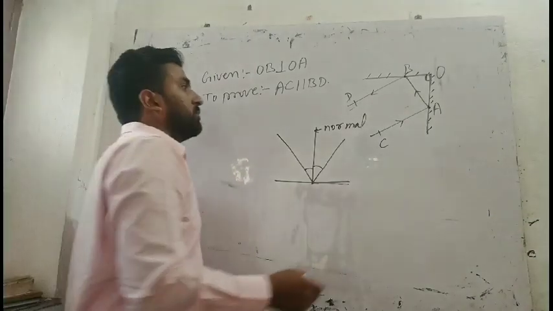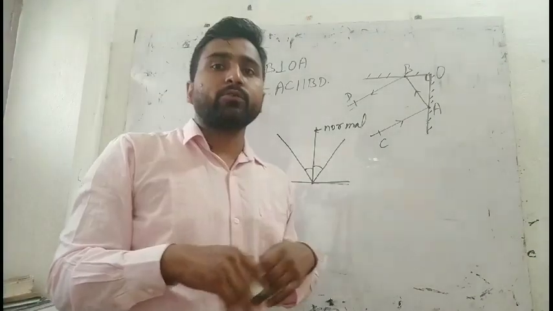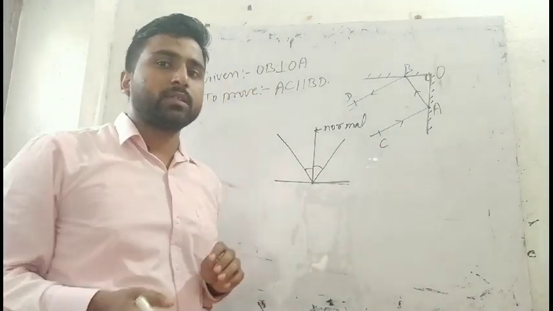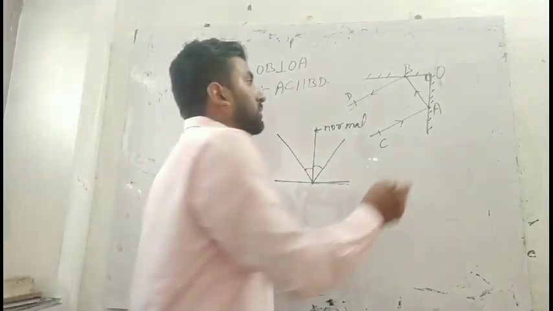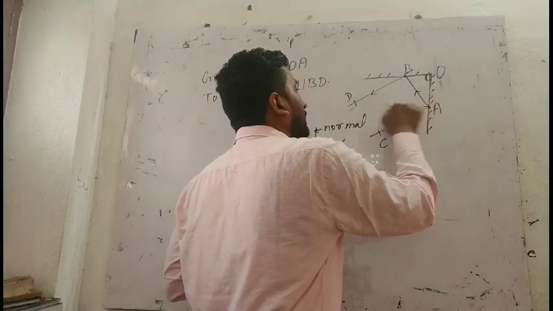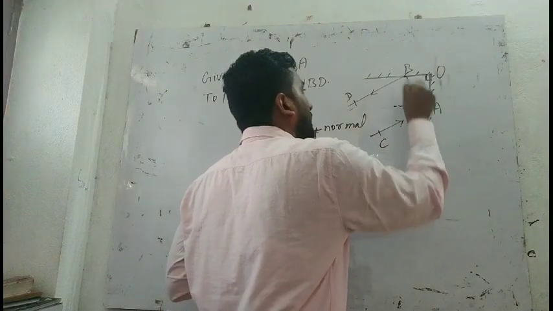So here also we have to draw normals at the point of incidence on both surfaces. So draw a normal here, and draw a normal here also.